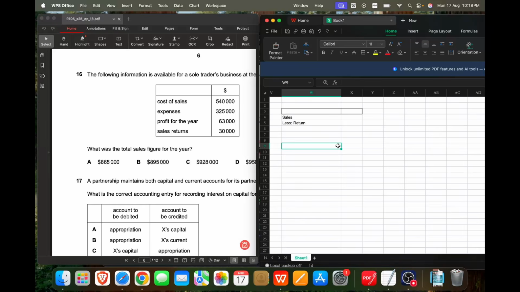Okay, and then after you do that, from this you'll subtract less cost of sales. Okay, and once you subtract cost of sales, you'll get gross profit, and from that gross profit you'll subtract expenses. Okay, and then you'll get profit for the year.